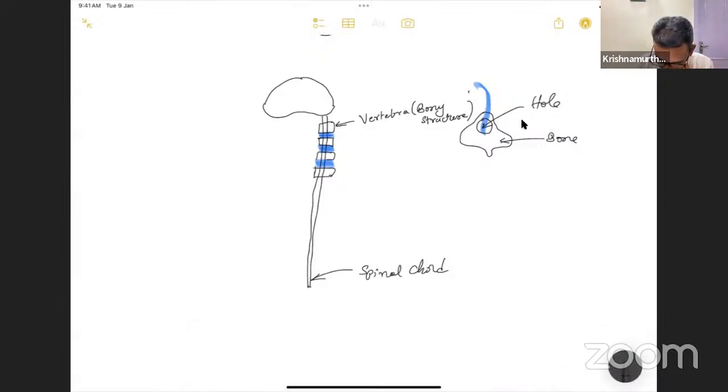So this is the disc. It is a jelly kind of substance, a relatively softer substance for cushioning.